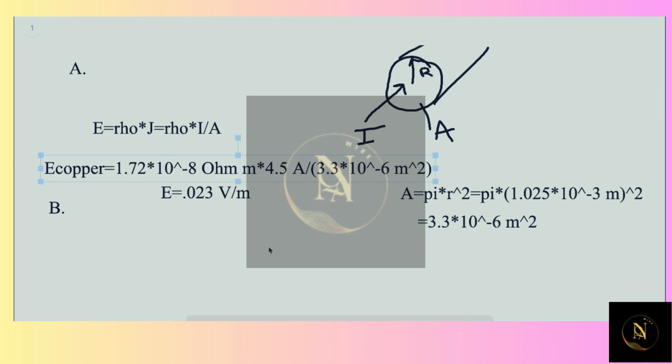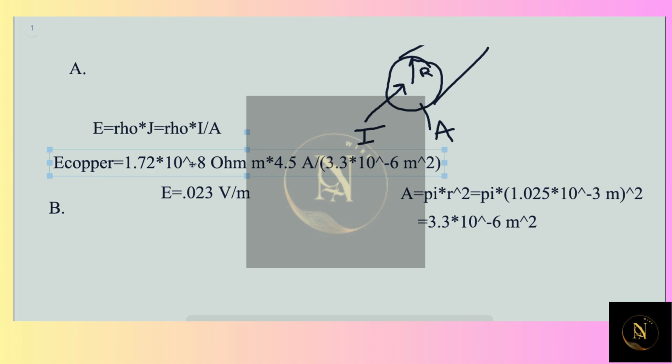Okay. And can you copy and paste these boxes? I guess not. So I guess I'll type that out again. E silver equals 1.47 times 10 to the minus 8 ohm meters times 4.5 amps divided by the same number, 3.3 times 10 to the minus 6 meters squared.